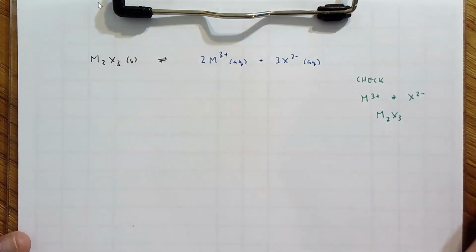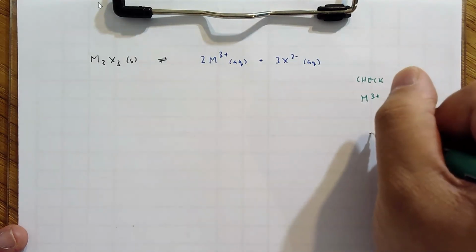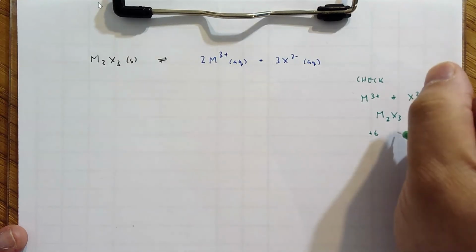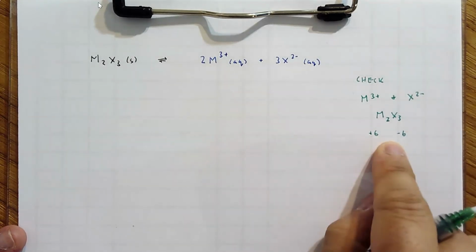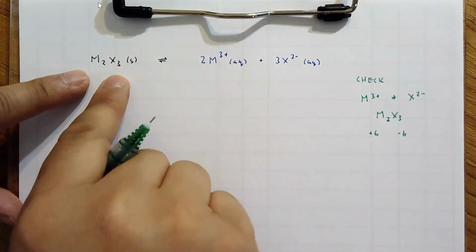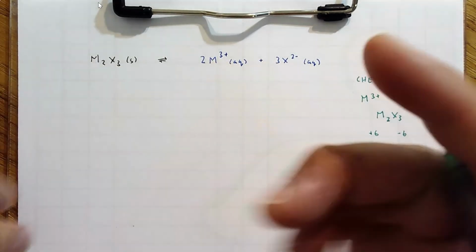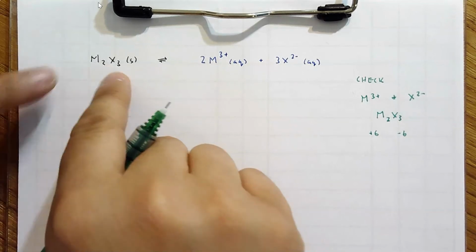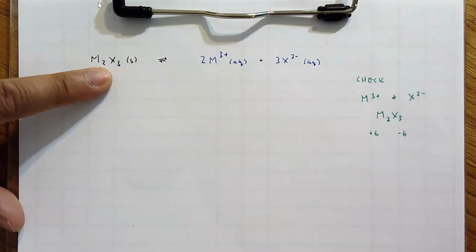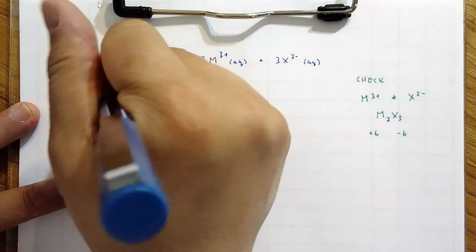And then you can double check, because if you have 2 M's, you have a net plus 6 charge, and if you have 3 X's, you have a net minus 6 charge, and they cancel out, they balance, because we have a neutral salt. So that's where we're getting the charges, and the coefficients are from the fact that you have 2 atoms of M and 3 atoms of X per 1 molecule of M2X3.